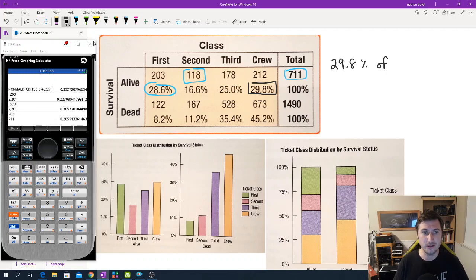This is only of the people that survived. 29.8% of the people that survived. So my total has changed there. What do we know about those people? They were crew members.